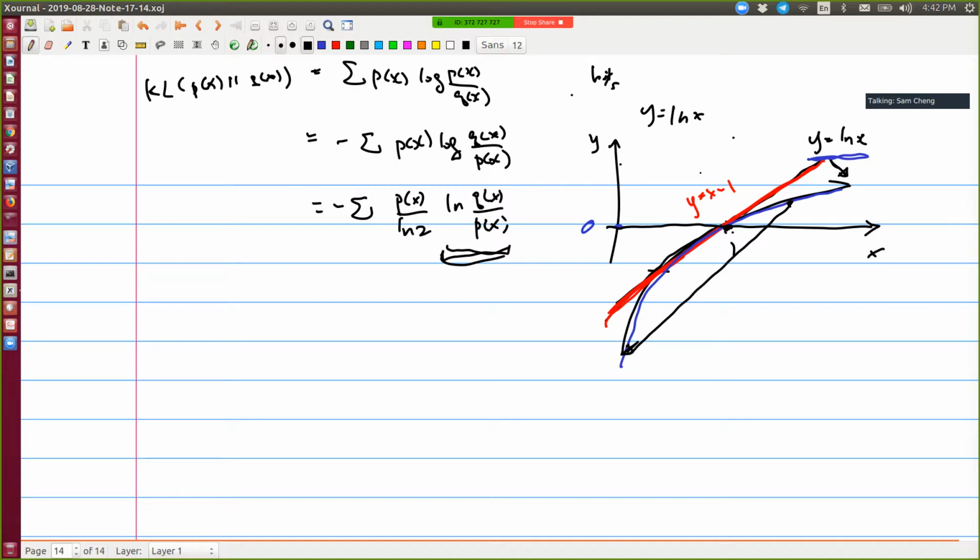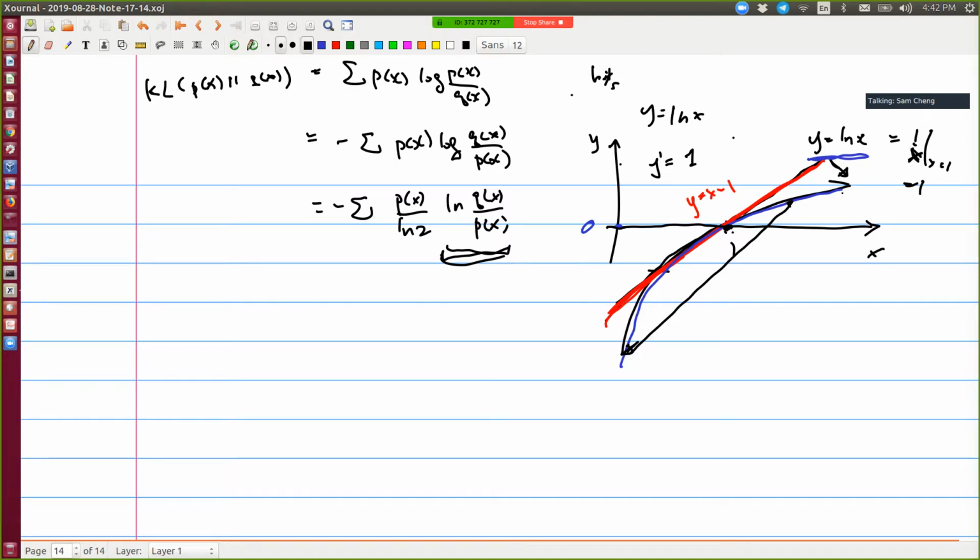The slope for this line here is just equal to 1. If I take the derivative here, it is 1. If I take the derivative of log x, it is equal to 1 over x, right? And when x is equal to 1, it's also equal to 1. So both the slope and the point overlap here, so it's tangential, and therefore this line has to be above this curve.